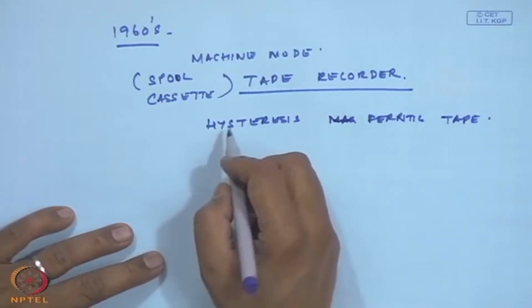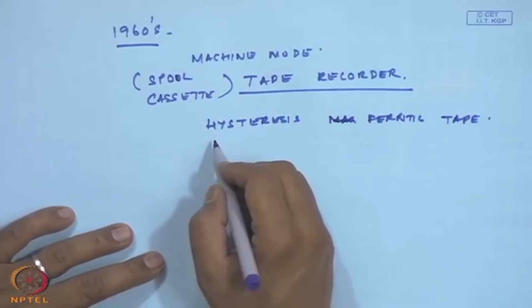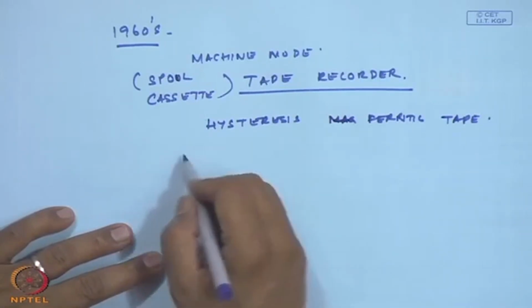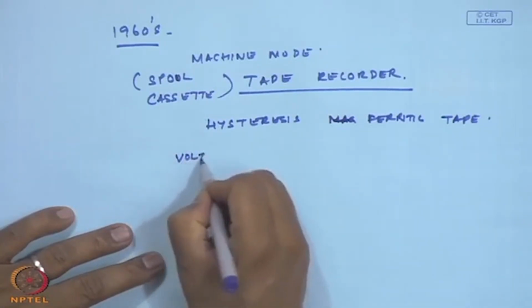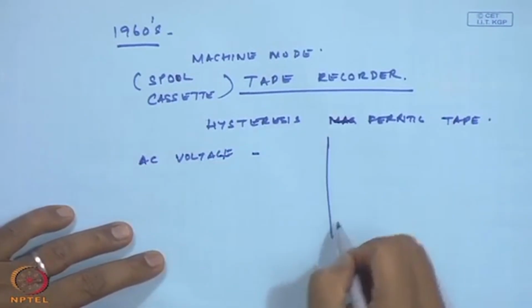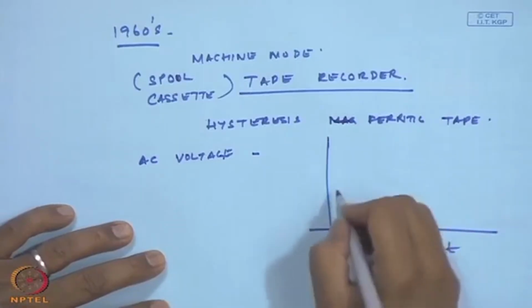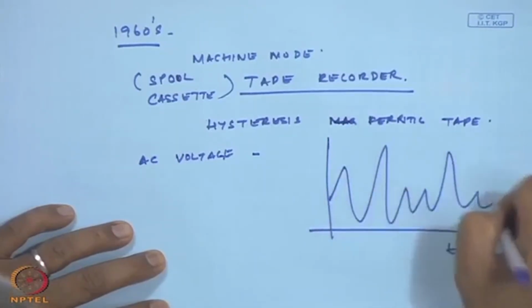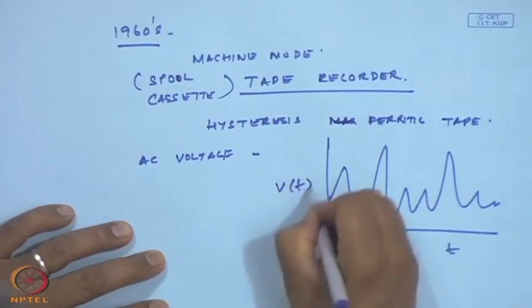Because the signal would be converted, basically essentially we have a voltage signal, which is time varying or an AC voltage. This could be my voltage signal, which has to be recorded.